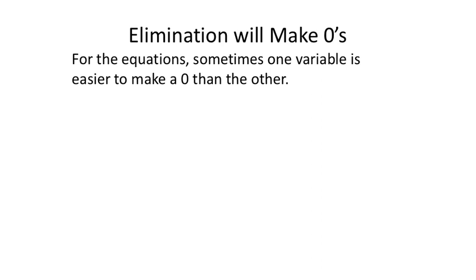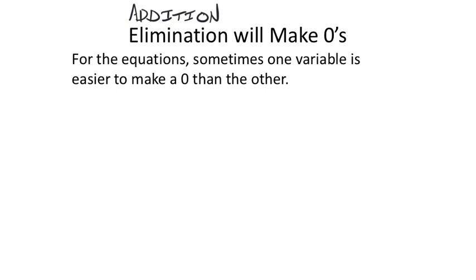Sometimes there's not really a clear choice on which one would be easier, which we'll see a problem like that today. But when we get the two equations aligned, we eliminate, but we do it with addition. So some people refer to this method as the addition method for systems of equations.